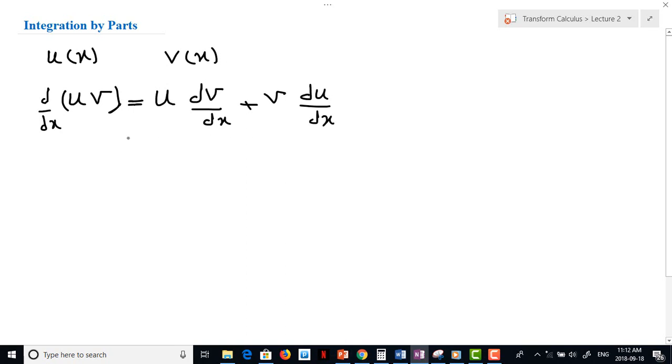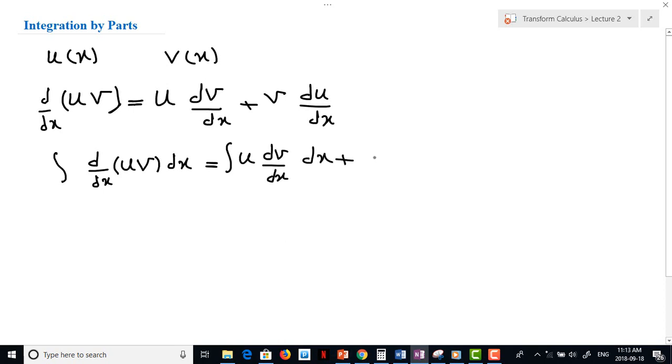Now if I integrate both sides of the equation, we have the integral of d over dx of u times v, with respect to x, is equal to, I have to take the integral of the right hand side as well, the integral of u dv over dx with respect to x plus the integral of v du over dx times dx.